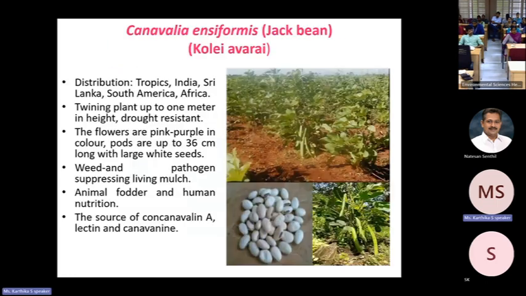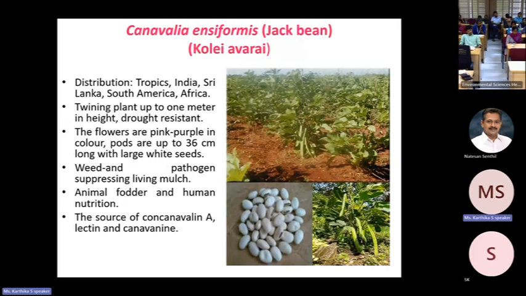See, the next one is Canavalia ensiformis, an underutilized crop, that is, a neglected crop. So what are all the good things? It is drought tolerant, weed and pathogen suppressing, and useful for mulching. You can use it as living mulch. Living mulch.